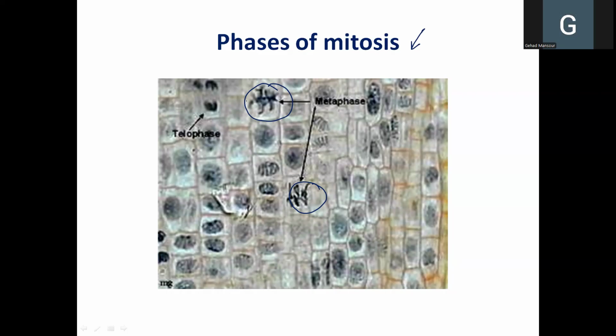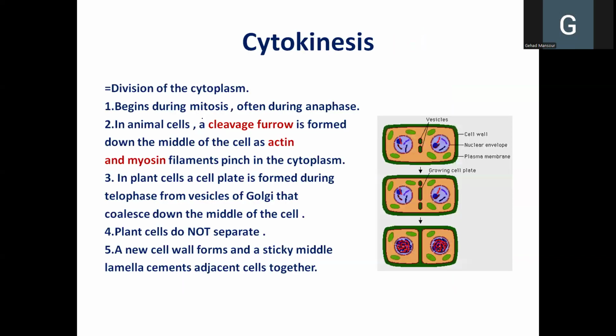We have here metaphase along the equator, okay? And we have here a telophase because the two daughter cells have their single chromosomes that have been reformed, and I can see a faint nuclear envelope around the nuclear material.